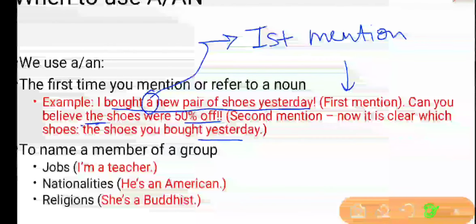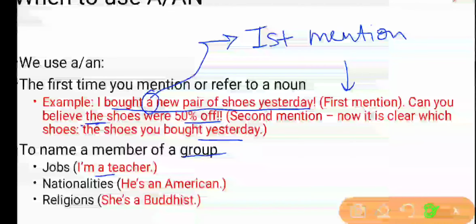Also, we use a and an to name a member of a group. For example, when we talk in terms of jobs, like I am a teacher, I can use a with this. When we talk about nationalities, we use an.